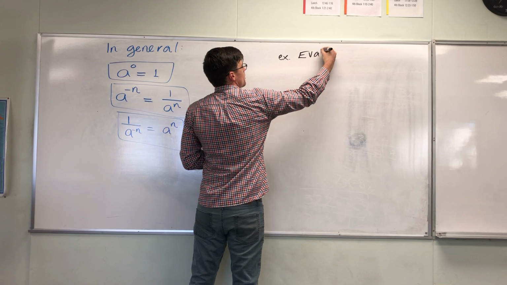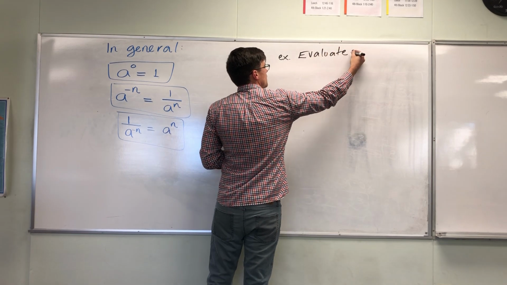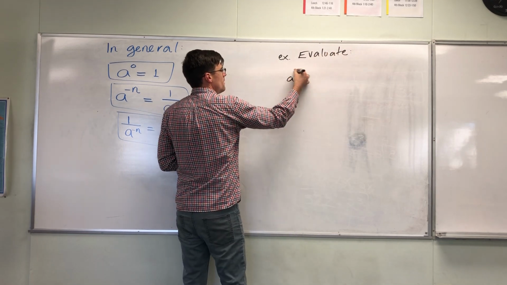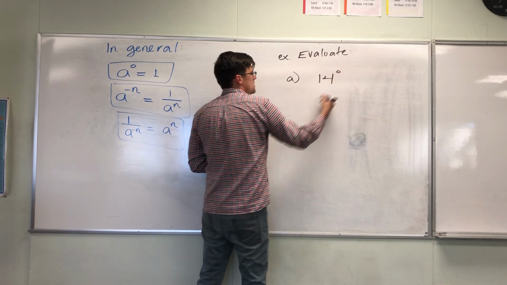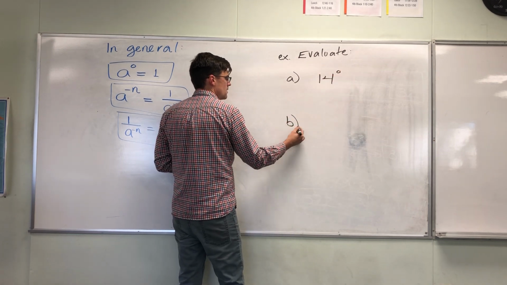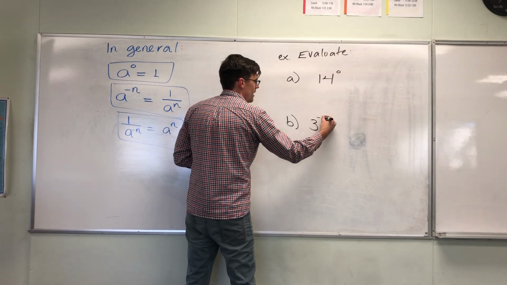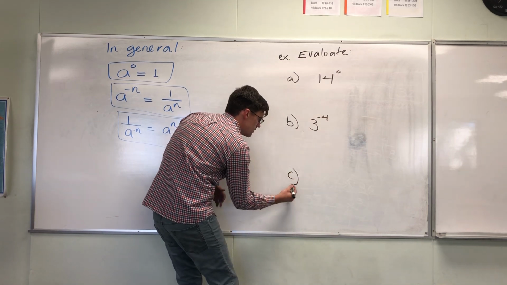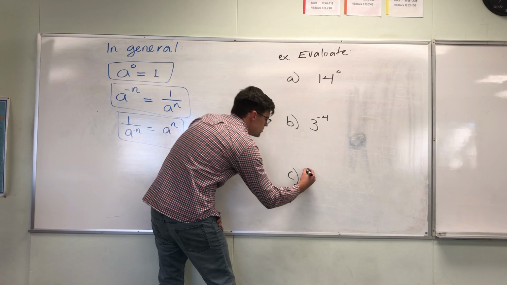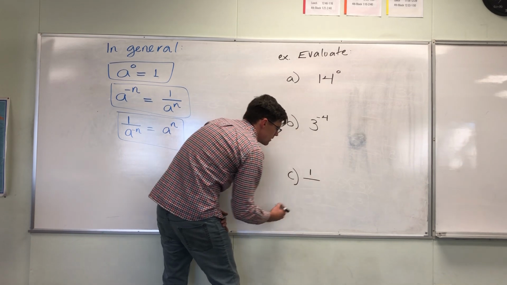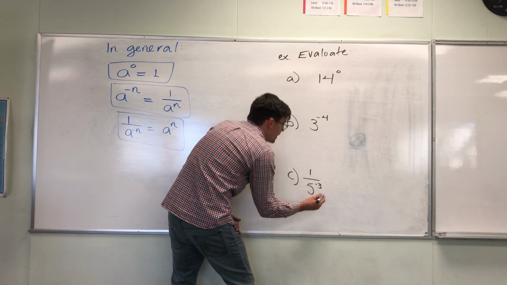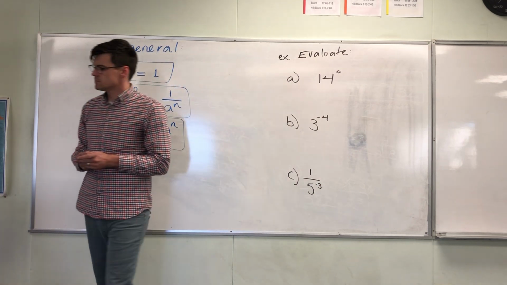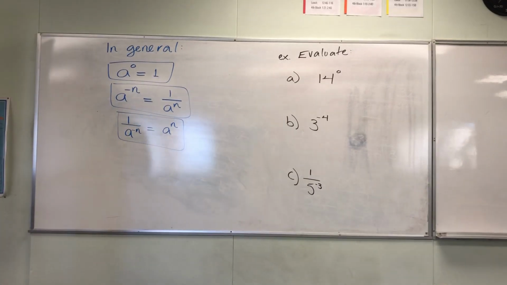So let's evaluate a few different problems here. Let's say we wanted to figure out what 14 to the power of 0 is, 3 to the power of negative 4, and then let's go ahead and do 1 over 5 to the power of negative 3.